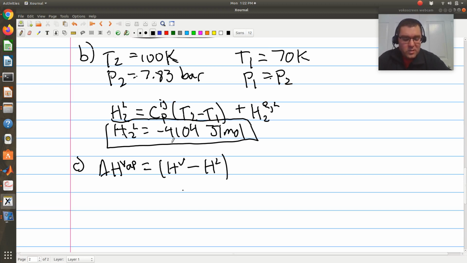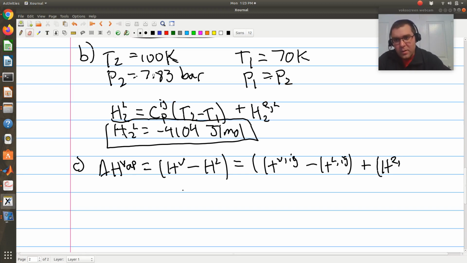So I can write this as HV minus HL, which I could equivalently write as a difference in ideal gas contributions plus a difference in residual contributions, with L,R and V,R.